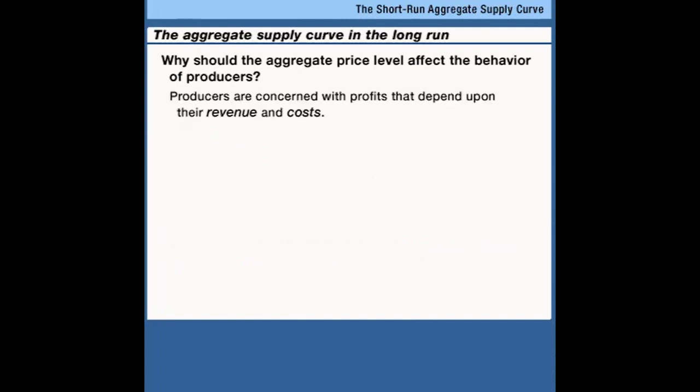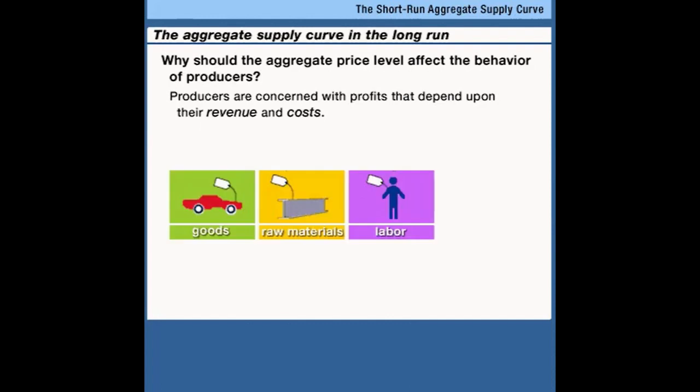So, if the aggregate price level is rising, then the prices of all goods and services are rising together. That is, the price of final goods and services like cars and airplanes, and raw materials like steel, and labor. Now, the price of your goods determines your revenue. If goods prices go up and sales remain constant, then revenue increases. The prices of raw materials and labor determine your costs.